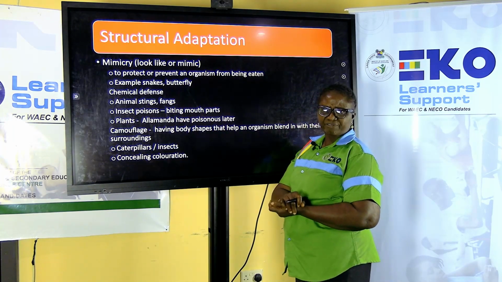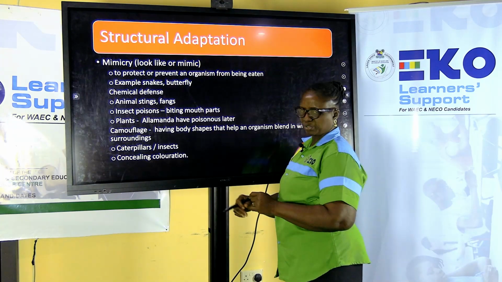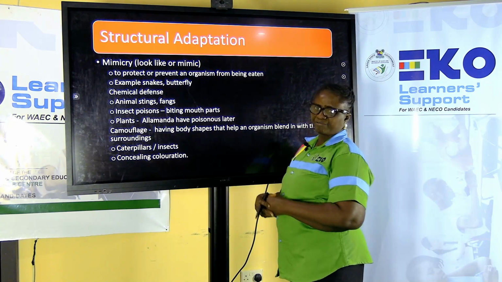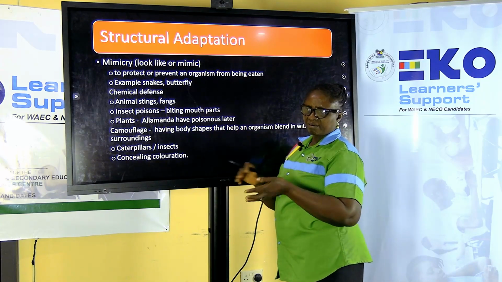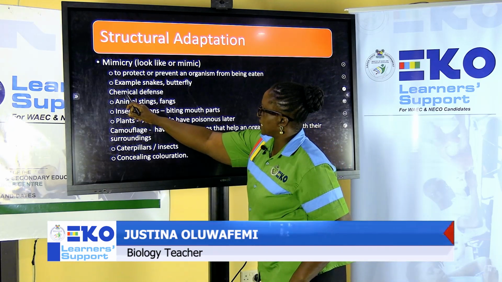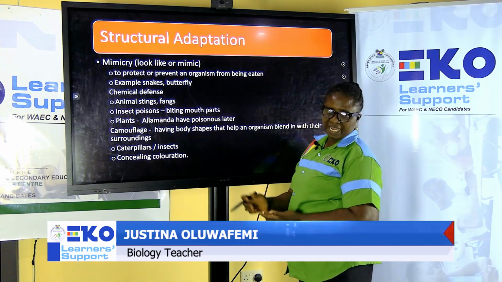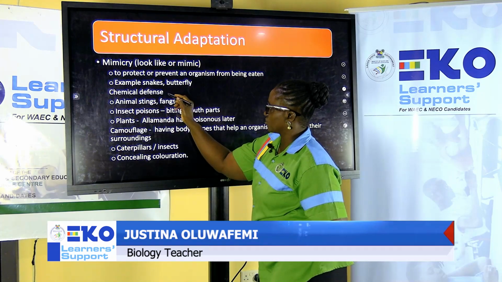When you look at a butterfly, the beautiful colors, in most cases, on the vegetation, blend it with the environment. When you see the green butterfly on a green ground or land, you will not easily pick it. The other example that we are looking at is chemical defense. Automatically, chemical defense speaks of what? Emitting substances. What do we have here?